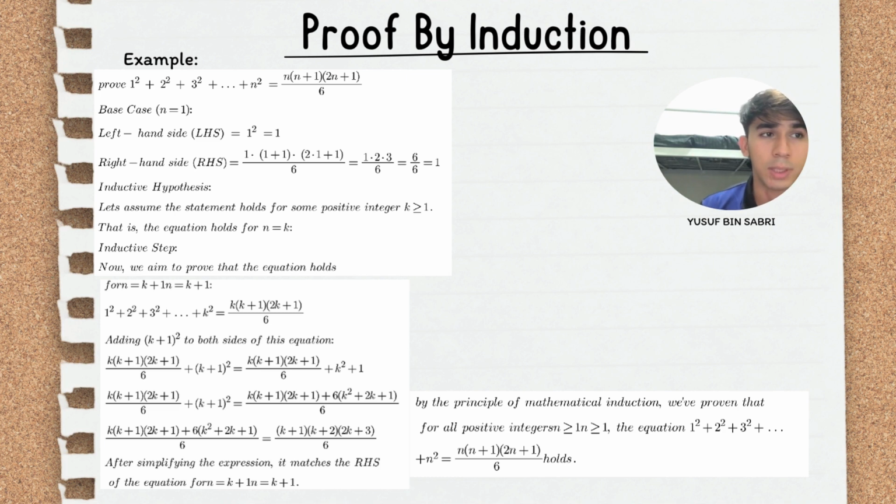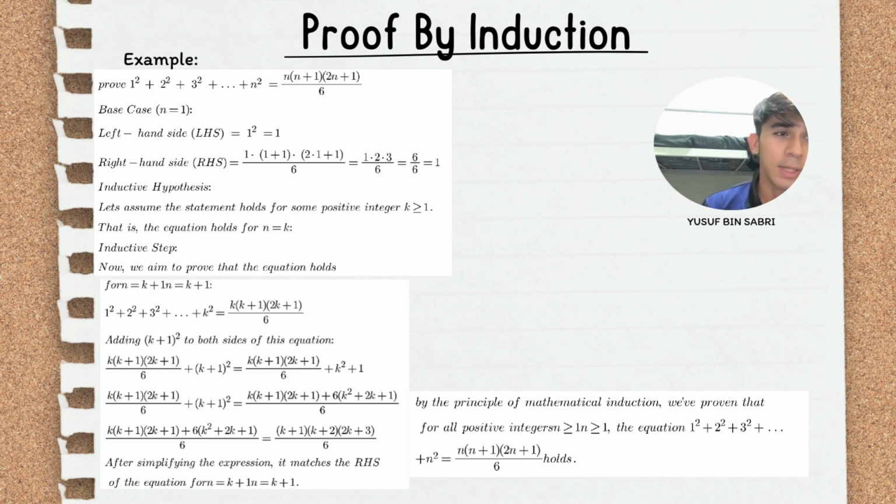So we get 1 squared plus 2 squared plus 3 squared plus ... plus k squared equals k times (k plus 1) times (2k plus 1) divided by 6.